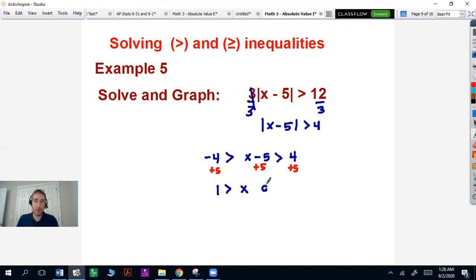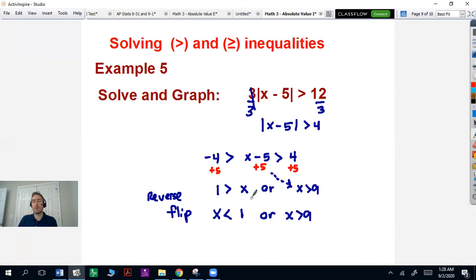So we just separate it and we say or, and then we write the x again. x is greater than 9. So we have to copy the x twice in these problems. And I don't like saying a number is greater than x, so I'm going to flip this or reverse it, and I'm going to say x is less than 1. So basically move the x over here, the 1 over there, and switch the direction.